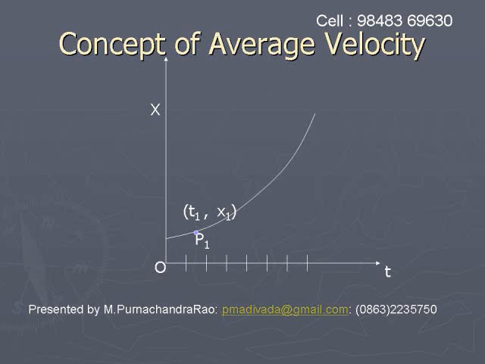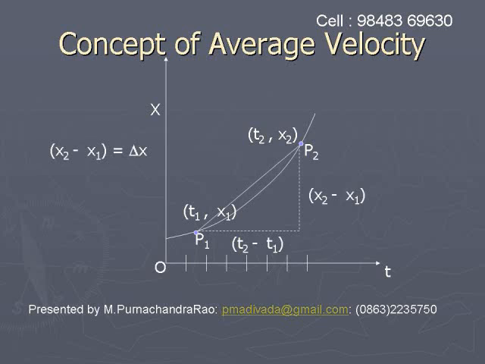Let us take the curve shown in the figure. P1 represents the position of the particle at time t1, and P2 represents the position of the particle at time t2. Then the straight line distance from P1 to P2 is the displacement of the particle.